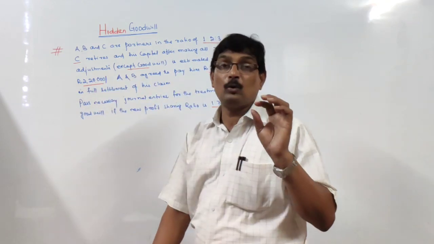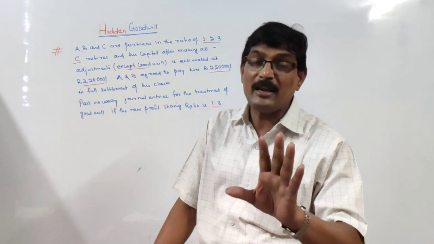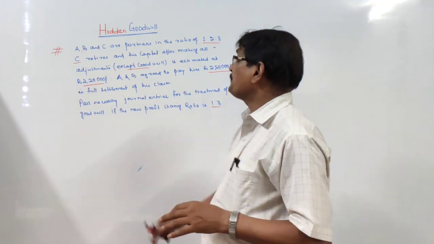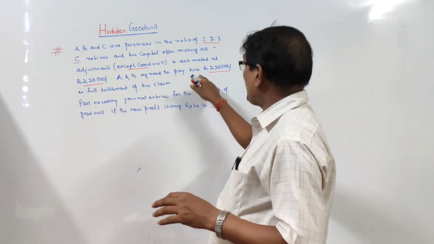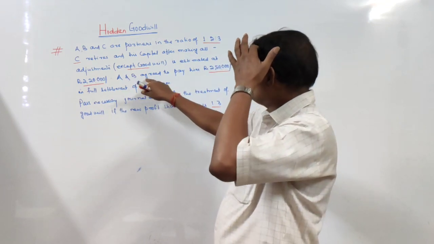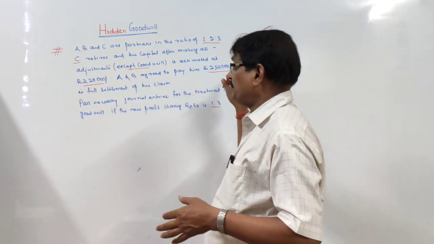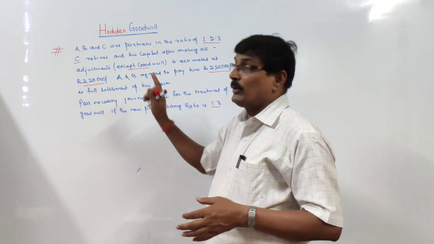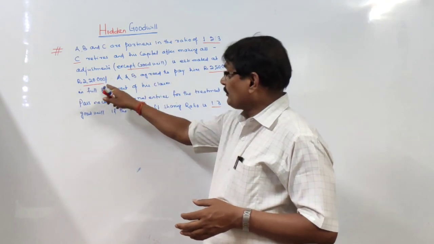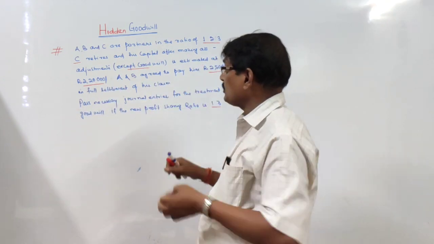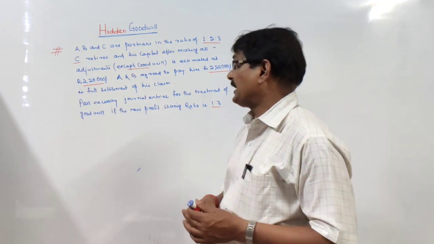This means we need to pay 2,20,000 rupees to C in full settlement. However, A and B, the continuing partners, agreed to pay him 2,50,000 rupees instead of 2,20,000, in full settlement of his claim.